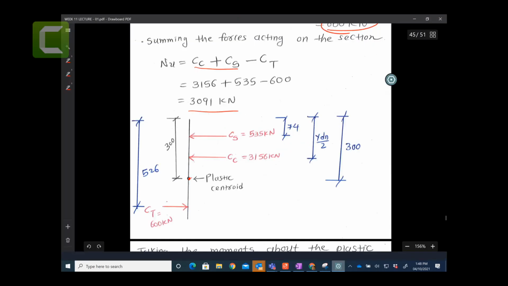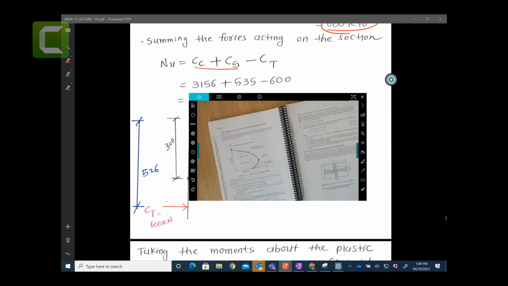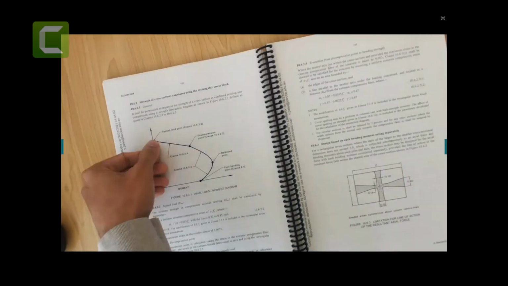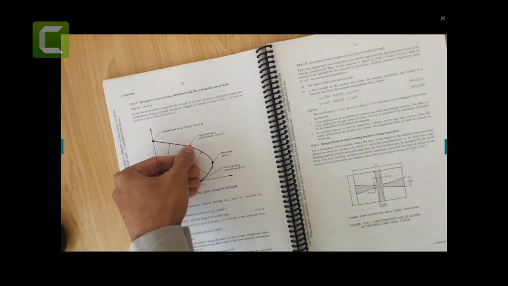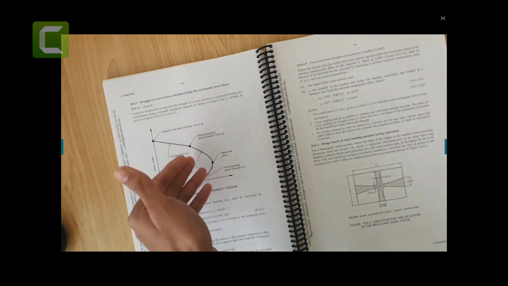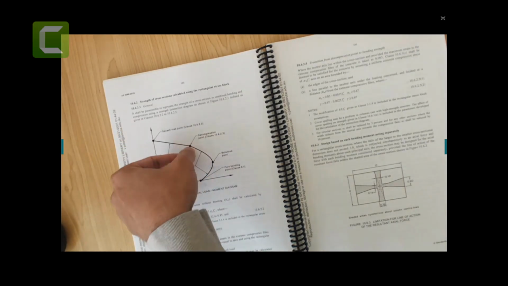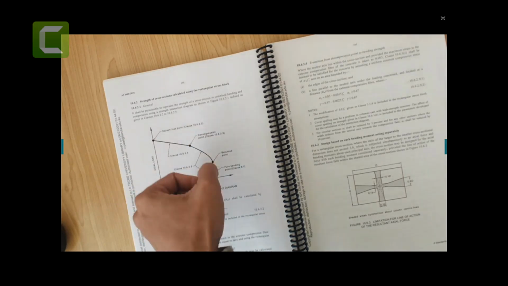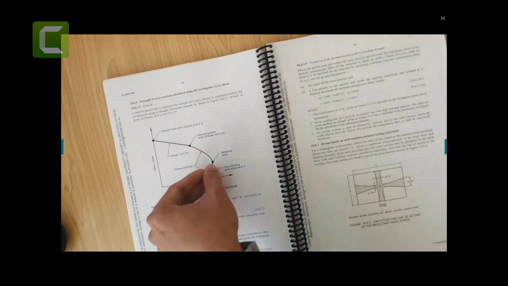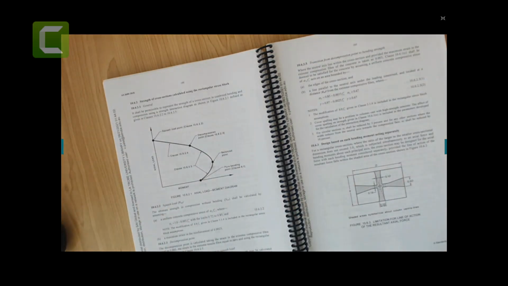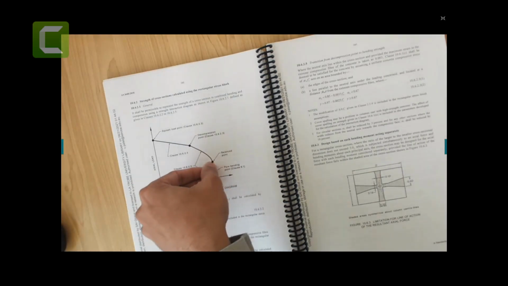So I hope you don't have any issue calculating those points: squash load point, decompression point, where the tensile stress is 0, tensile force is 0. In here you have the bottom steel at yield, and compression has 0.03, so you can find a decompression point.